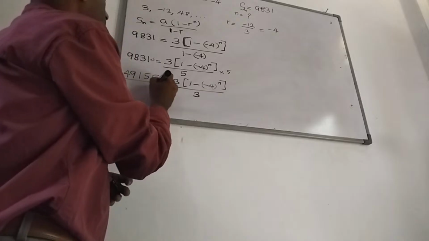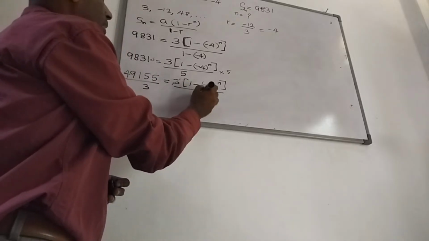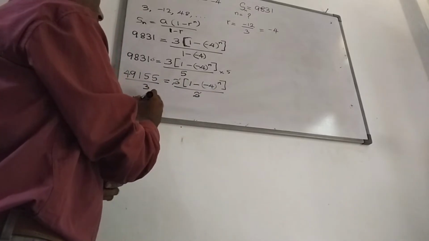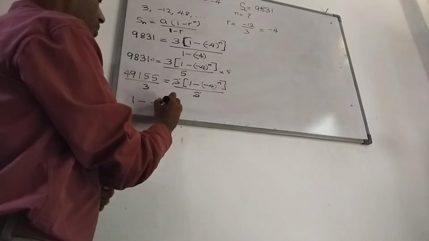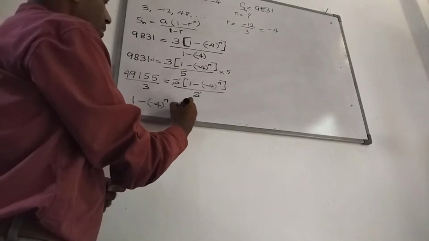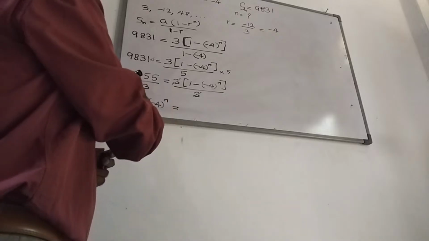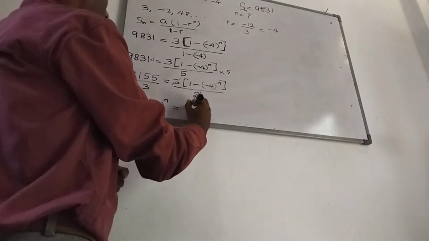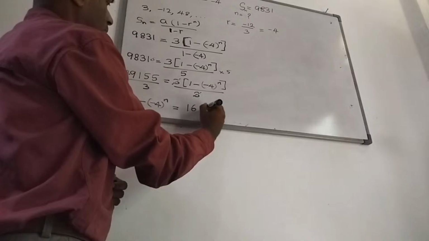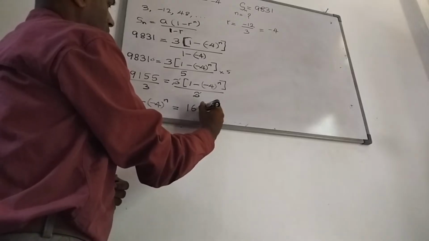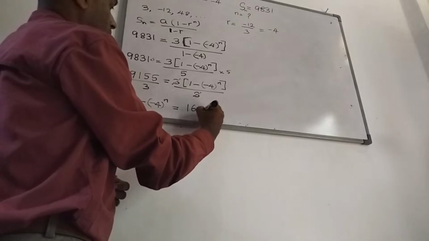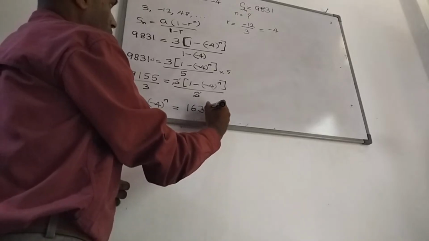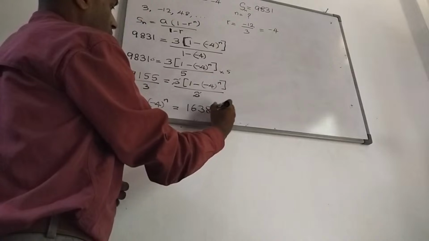The 3s cancel. 1 minus negative 4 to the power n equals 49,155 divided by 3, which gives 16,385.